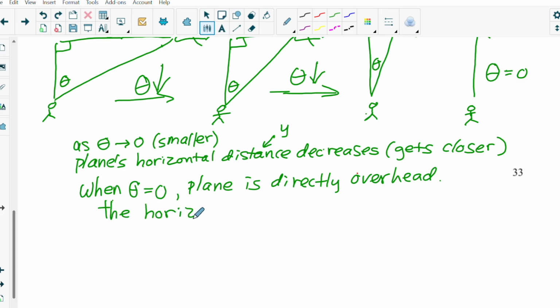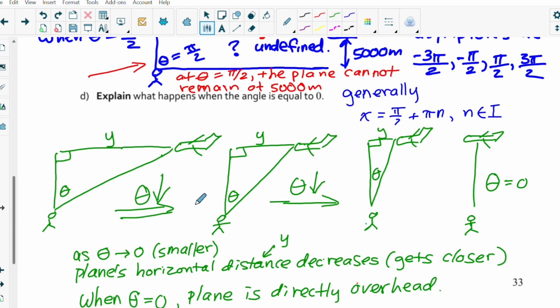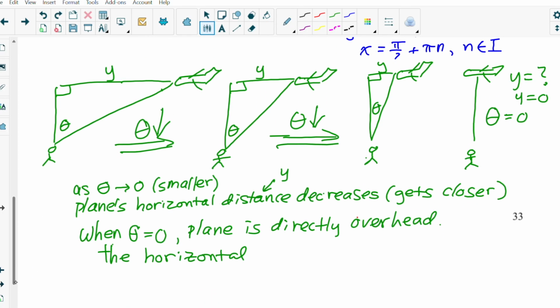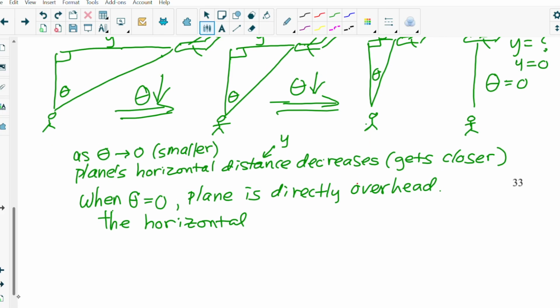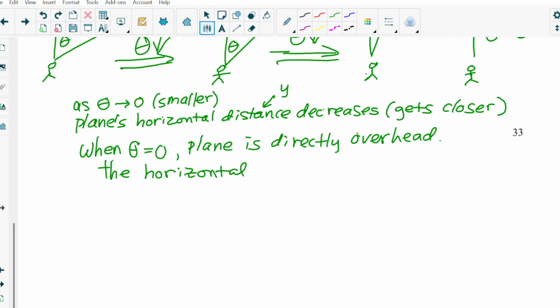What is the horizontal distance? Remember, it gets smaller and smaller as theta decreases. Well, what is the y value here? The y value equals 0 when the plane is directly overhead. So when theta equals 0, the plane is directly overhead.